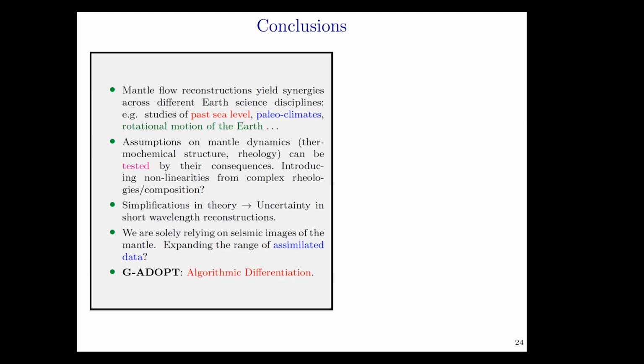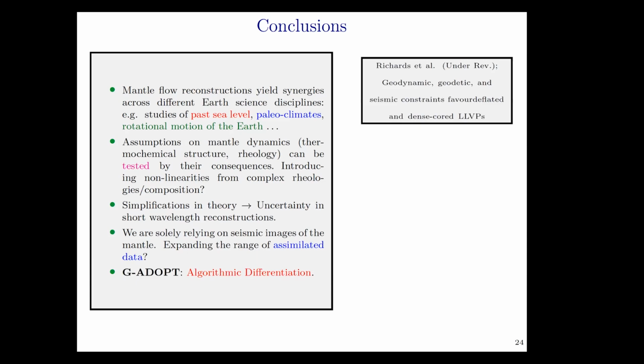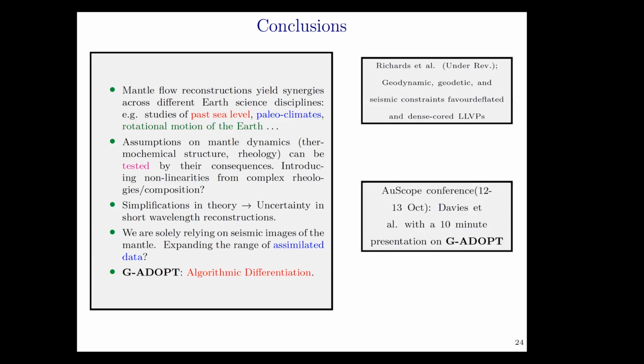All of these points about what we want to do in the future, this is what we're working on through the GEDA project. I know that Rodri is going to present for 10 minutes in the ALSCO conference soon, so if you're interested to know how we are going to account for all these complications and different sets of data, you can go see that talk.